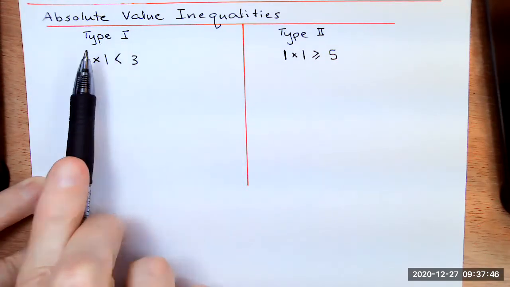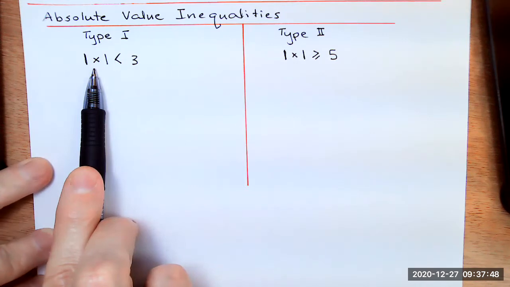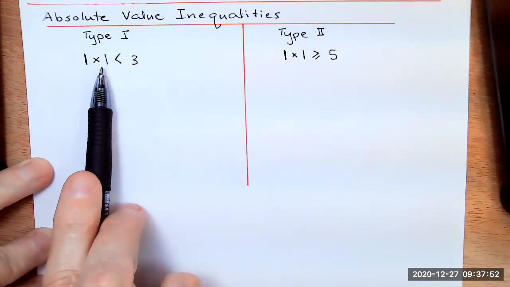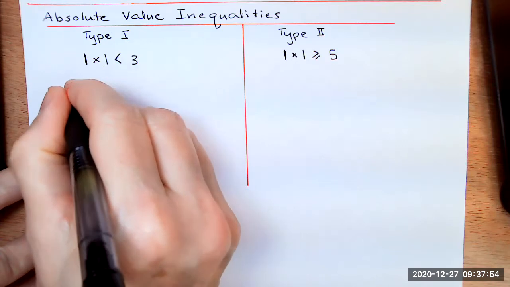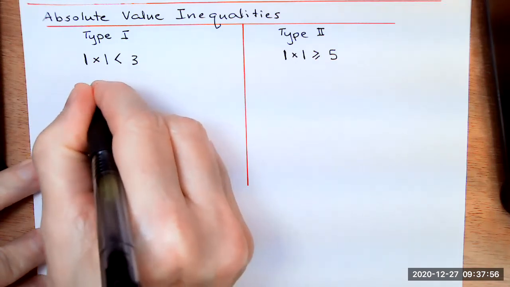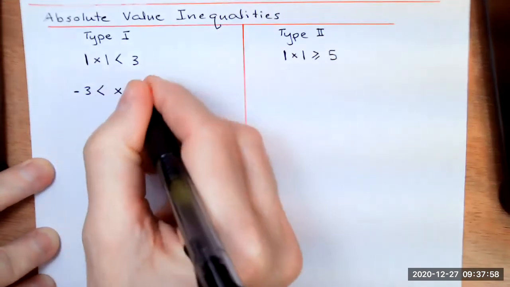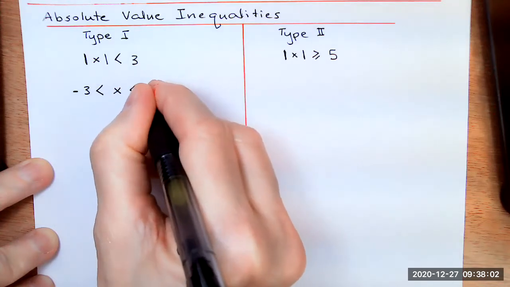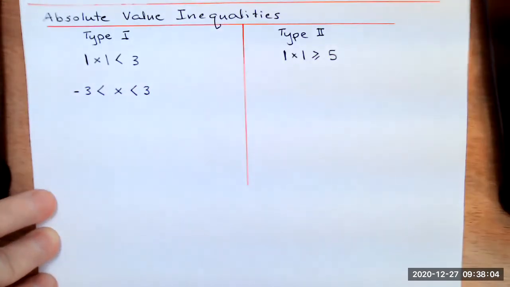Because when you have a type 1, when the absolute value is smaller, you rewrite it as a compound inequality, and it's all one inequality, where x is between 3 and -3.